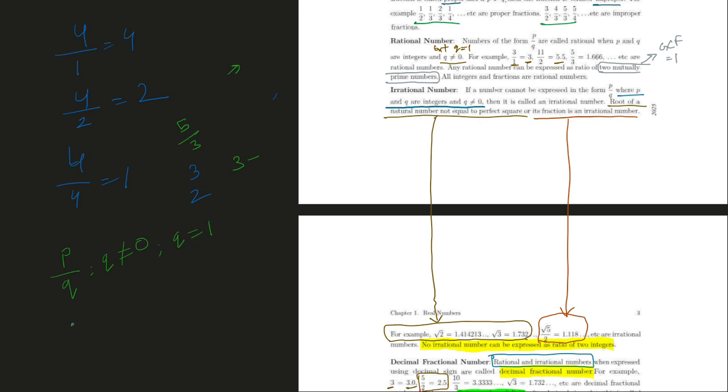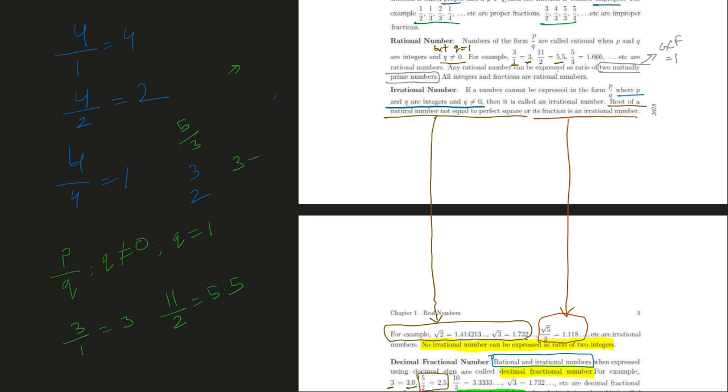So say it can be like 3 by 1, which would be equal to 3. But it can also be say 11 by 2, so that would mean 5.5. So these are rational numbers.